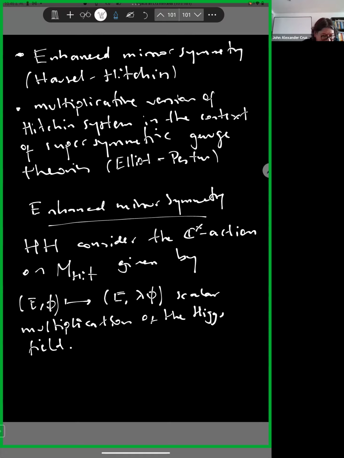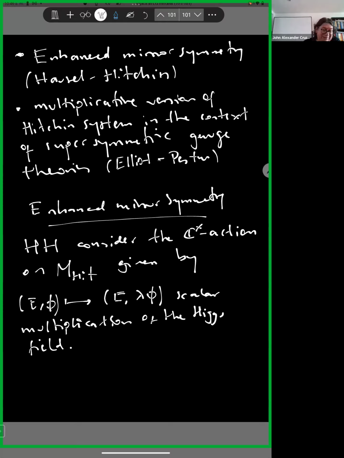The relevant part for me was that they wanted to consider the mirror symmetry for Hitchin in the sense of the SYZ conjecture, as Hausel did before, and now they consider an action too. They want to consider some kind of equivariant version. That was actually relevant, because when we look at this picture by Aganagic, we really need some action of the torus, so we need to work equivariantly.